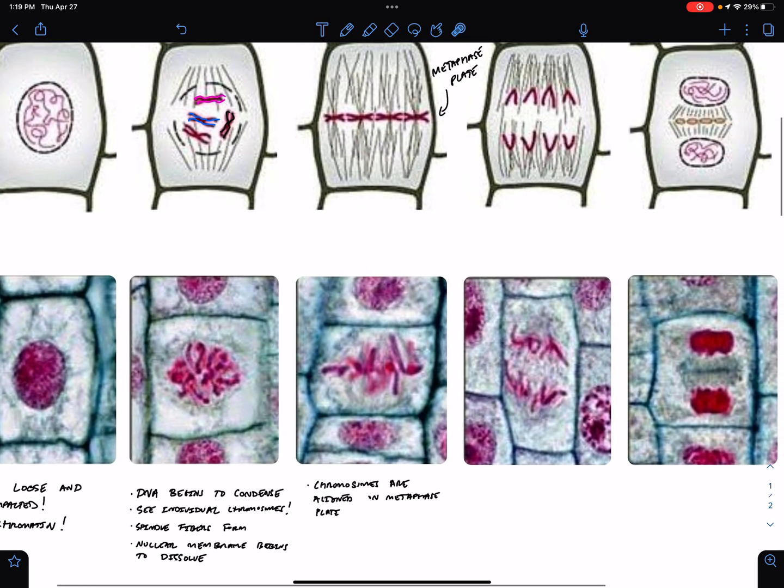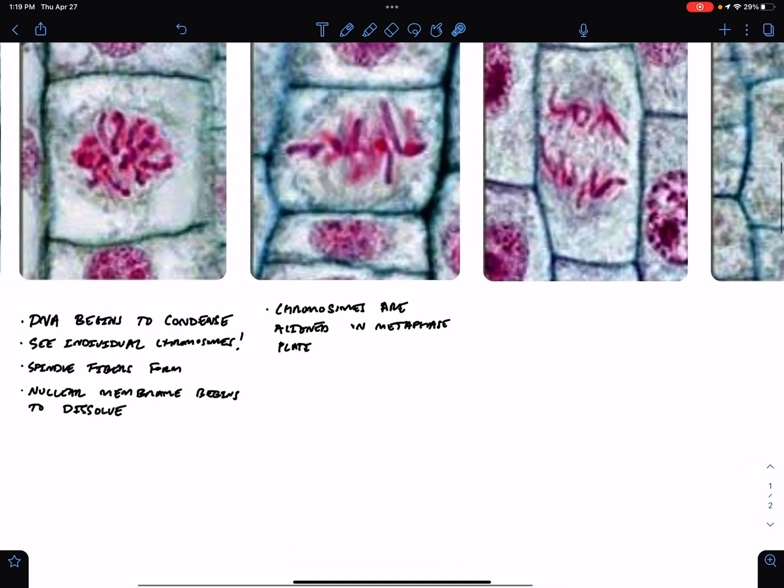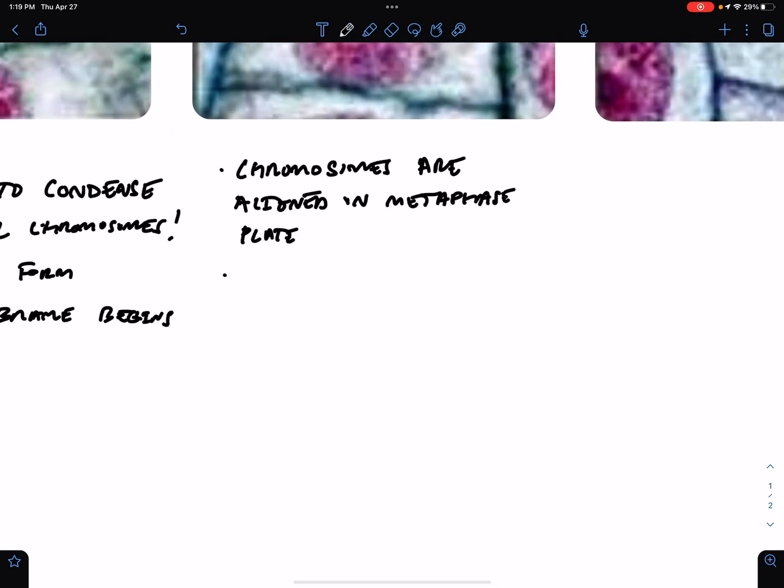And then the spindle fibers are also holding them in position here, and they're attached at the very center with a specialized attachment that we'll talk about later. And also, at this point, the nuclear membrane is totally dissolved.